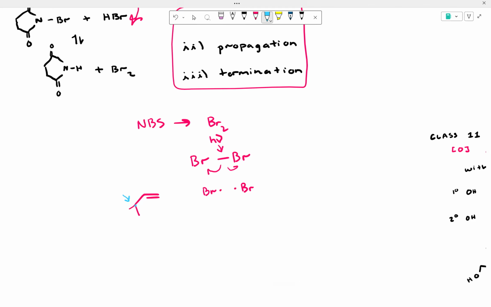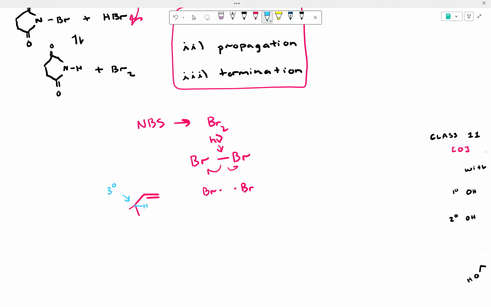This carbon is a tertiary carbon, so that means it has three other carbons bonded to it. And the last one is a hydrogen.